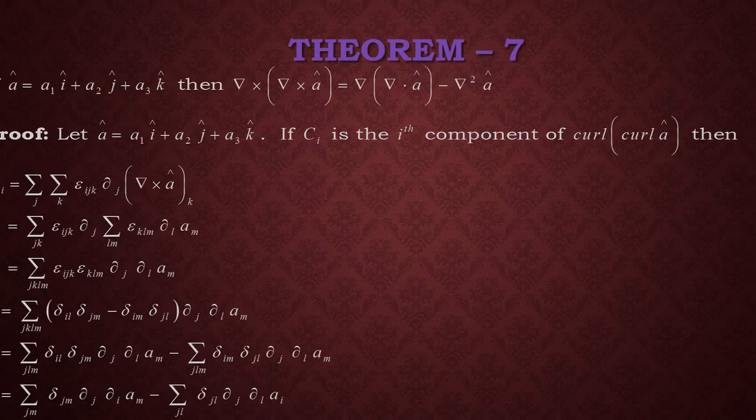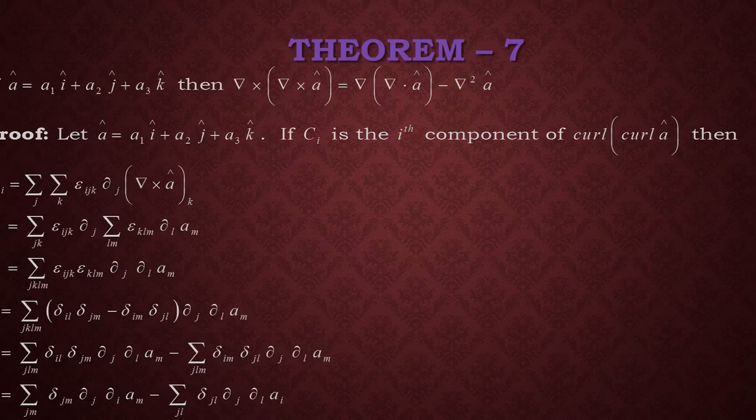Here again we have the product of two Levi-Civita symbols. So we have to use the formula epsilon_kij times epsilon_klm equals delta_il delta_jm minus delta_im delta_jl.